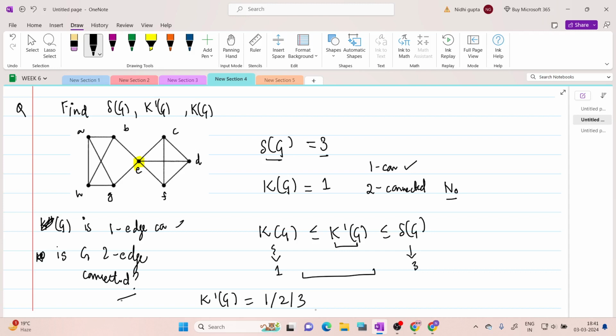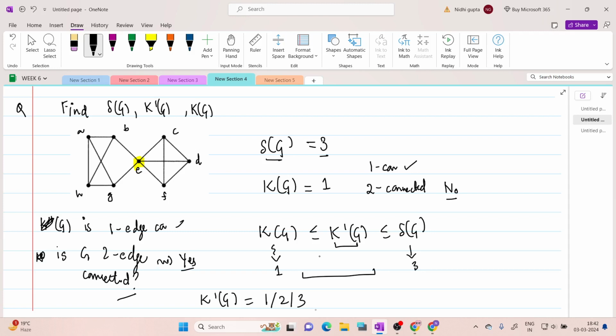Can you give a reason, maybe using one of the exercises that we did? If it is a cycle, we said that every edge is contained in a cycle. Therefore, if you look at any edge, it is contained in a cycle, so it is two edge connected.